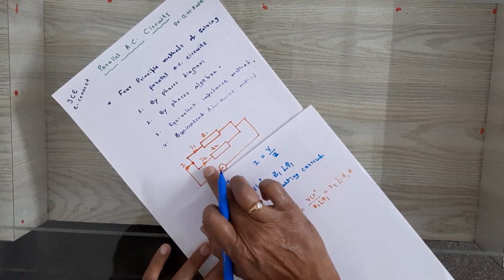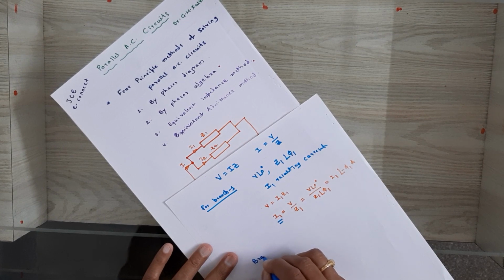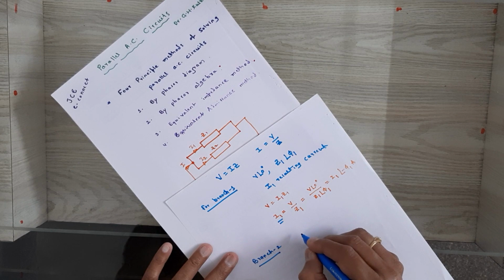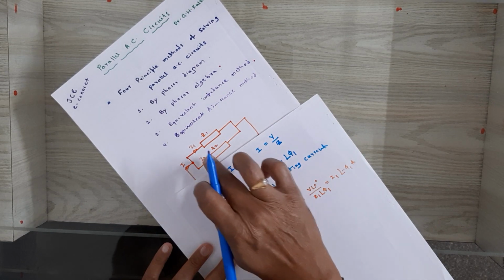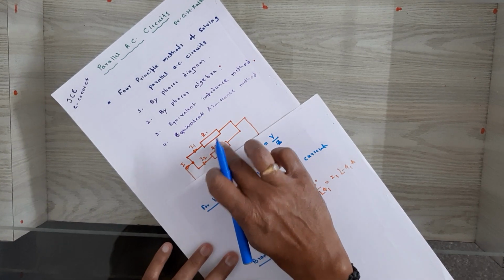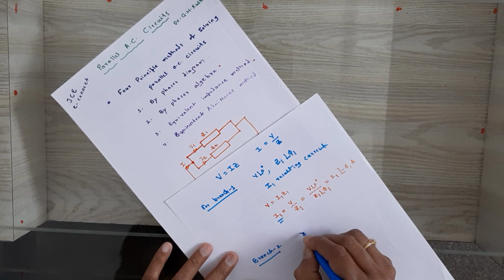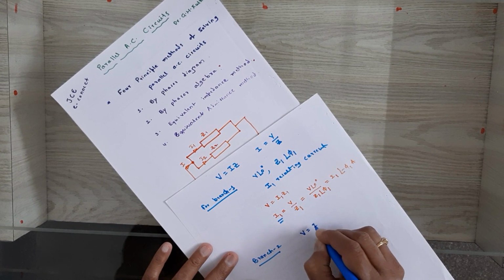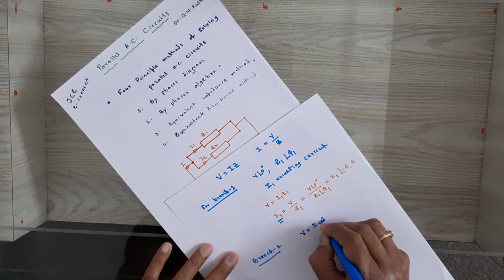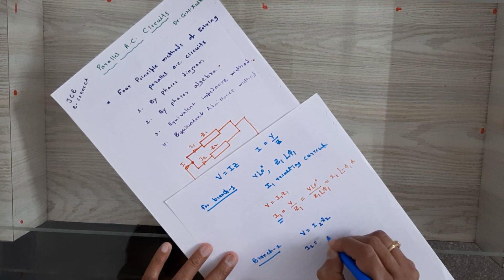Then similarly for branch 2, what is our equation? The voltage across branch 2 is once again V, the current is I2, and the impedance is Z2. Therefore V is equal to I2 Z2, so I2 is equal to V divided by Z2.